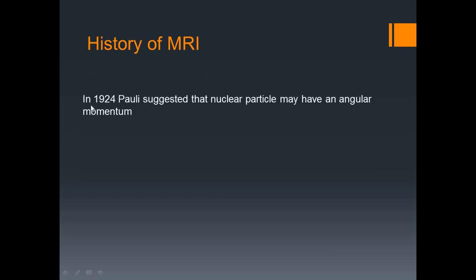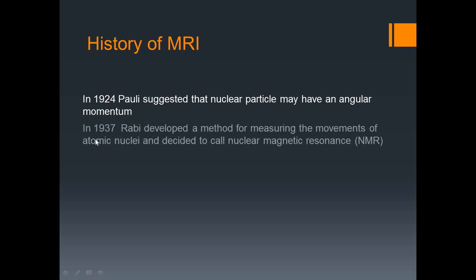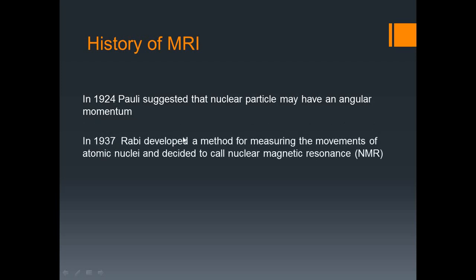History of MRI. In 1924, Pauli suggested that nuclear particles may have an angular momentum. In 1937, Rabi developed a method for measuring the movements of atomic nuclei and decided to call it nuclear magnetic resonance, or NMR.